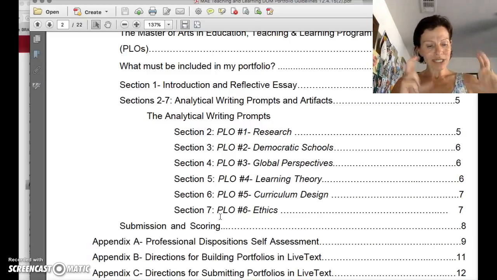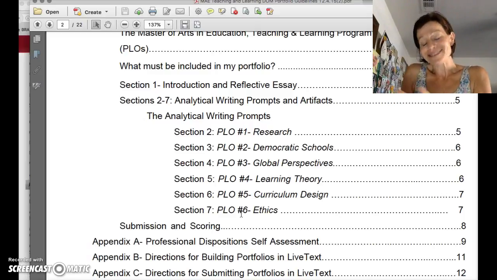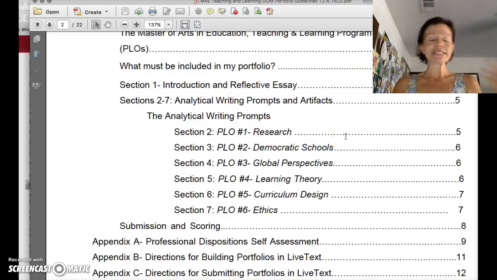So if you include a snapshot from a discussion board and your inclusion for the section is, I want artifact number 2, if you look at it, you'll recognize I came into that class thinking research was something that truly didn't have much relevance for a 3rd grade teacher.